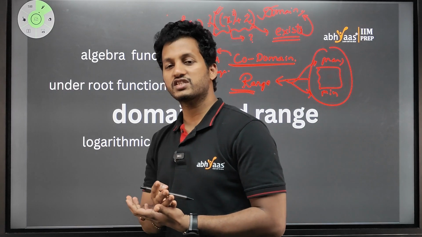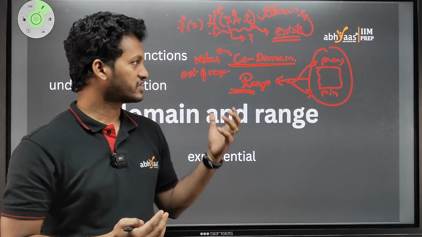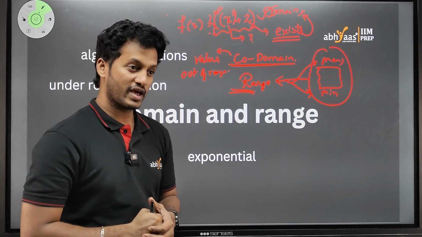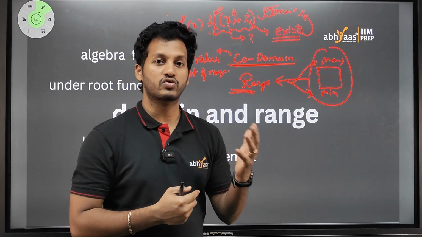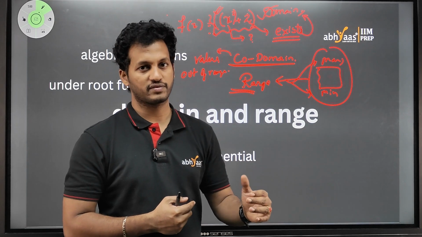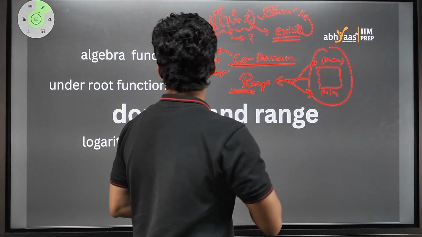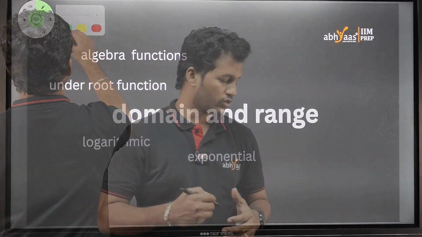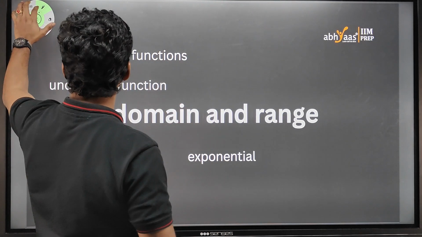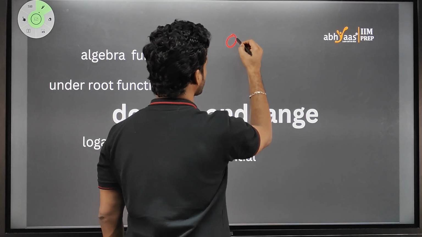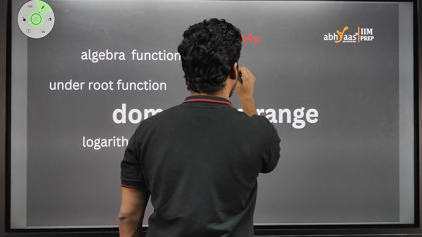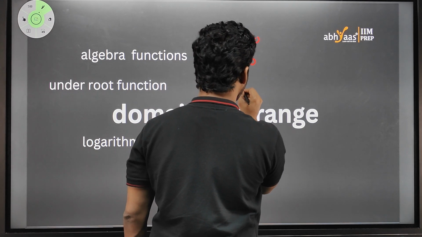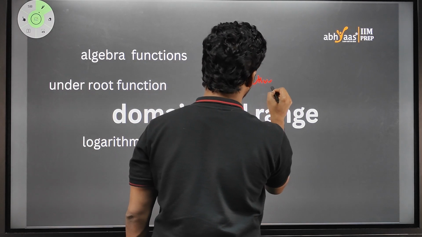So these definitions are very important when you are solving functions. Sometimes basic functions can also be asked: what is one-one function, many-one function, onto function, into function? So you have to understand the definitions of a function first. Now we are going to see some functions which are called onto function, into function, bijective, surjective.